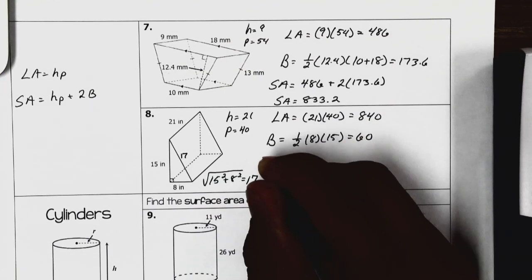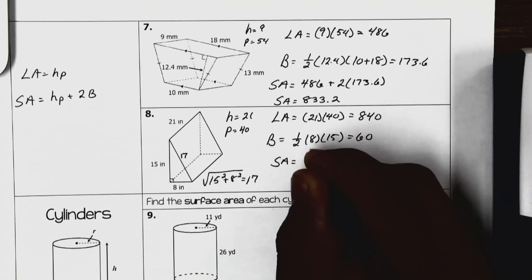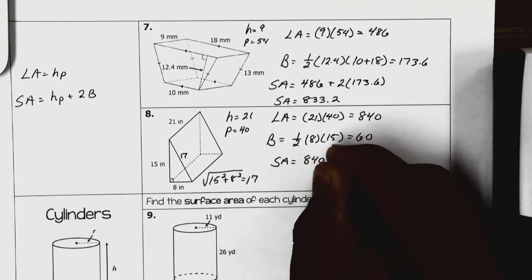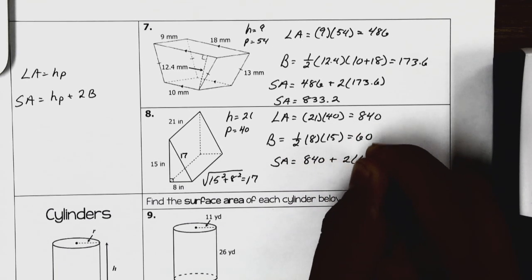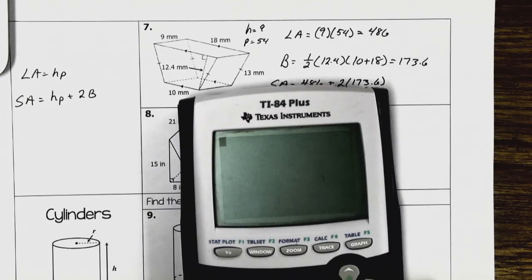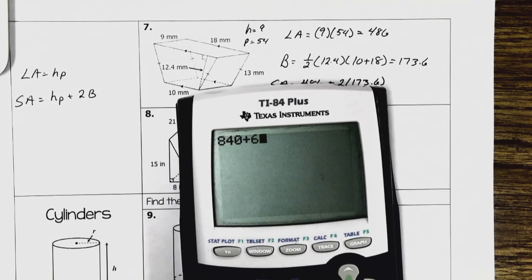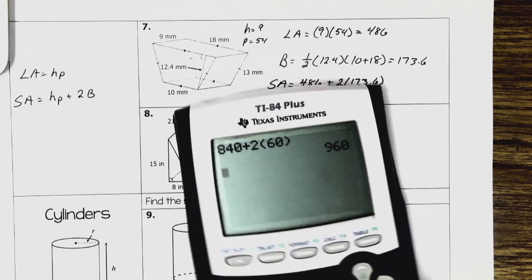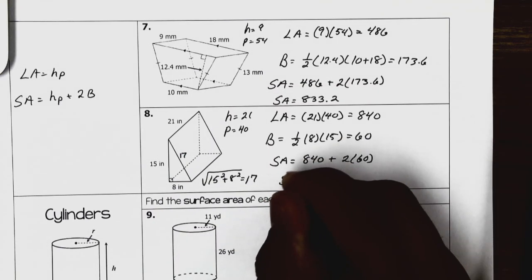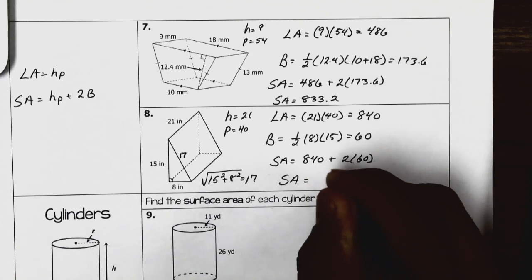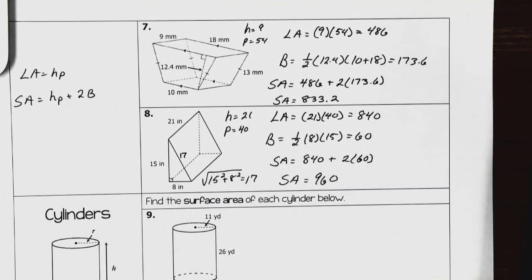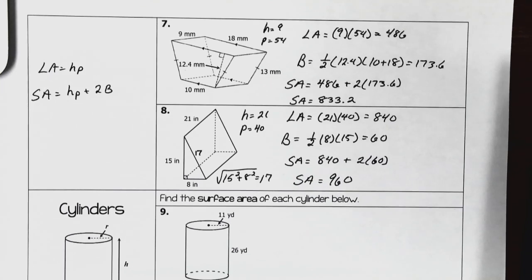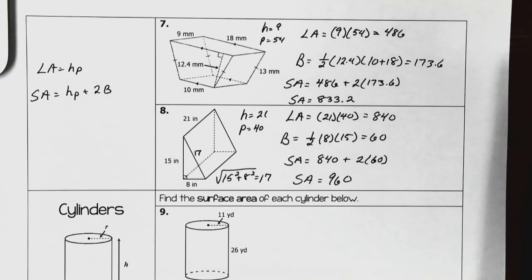So then surface area is equal to that 840 plus 2 times 60. And there it is, 960, yep. And there's my surface area. All right, so on the next video, we'll move on to the cylinders.